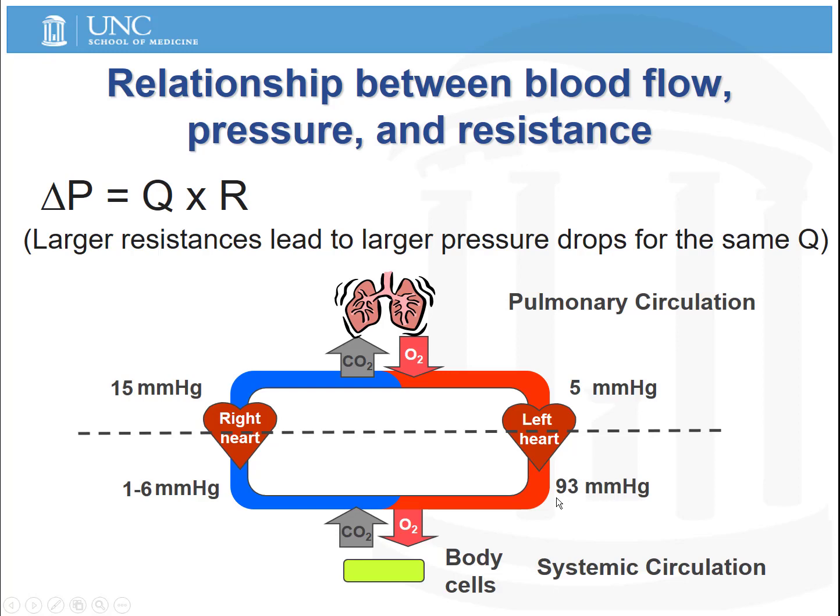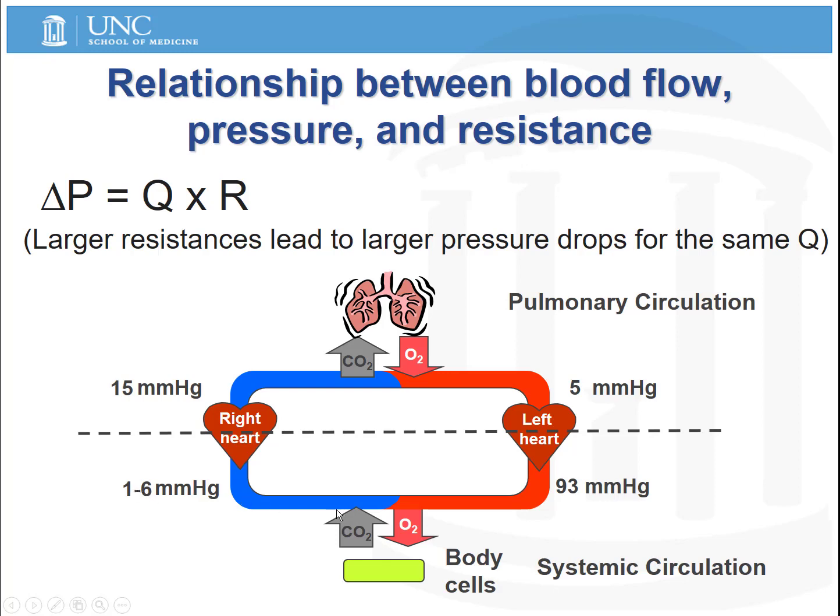As the blood is taken to all of the organs and tissues of the body, it then flows back across the arteries, arterioles, capillaries, and then back to the right heart through the venules and veins. And as this blood flows, the pressure drops from that 93 millimeters of mercury all the way down to between 1 and 6 millimeters of mercury. So this is a really large drop.